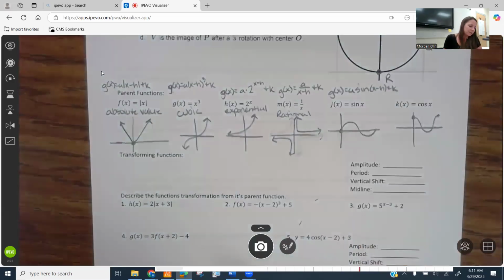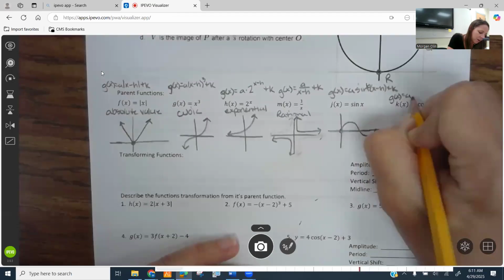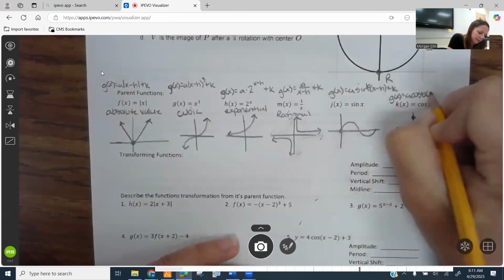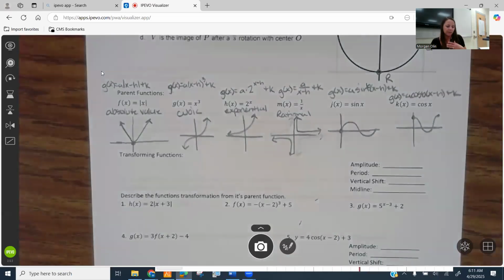And in sine, you have this b value as well, so I'll put the b right there, and the same thing for cosine: a cosine b parentheses x minus h, plus k. Yesterday we looked at everything, the a, b, and the k. We just didn't throw h in there. That's something I'm just going to add in today, quickly, and not talk much about it because it isn't necessarily part of our curriculum.